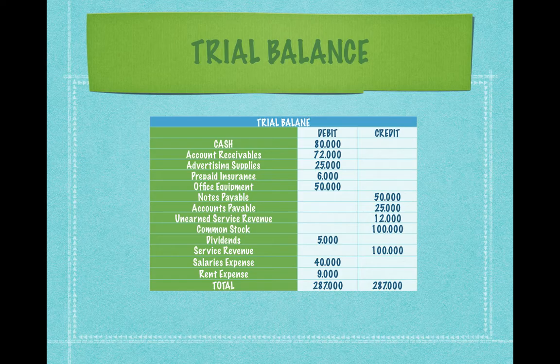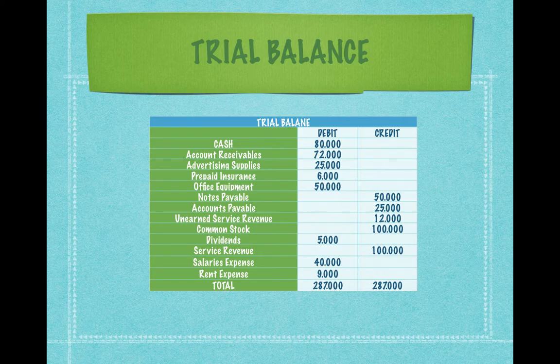A trial balance does not prove that a company recorded all transactions or that the ledger is correct. Numerous errors may exist even though the trial balance columns agree. For example, the trial balance may balance even when a company, first one, fails to journalize a transaction, or the second one omits posting a correct journal entry.